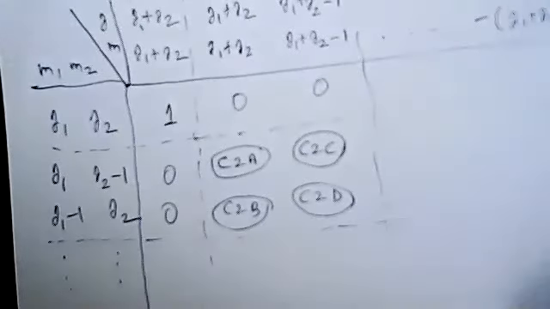This way you can find all the blocks of the Clebsch-Gordan matrix. So this is a thumb rule. You can easily find all the Clebsch-Gordan coefficients by writing like this.